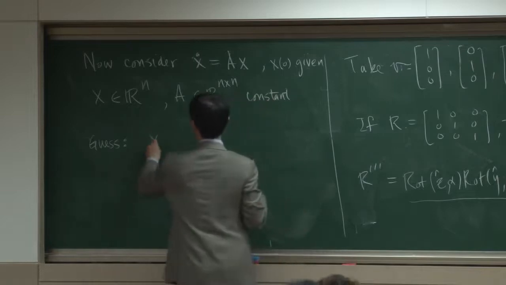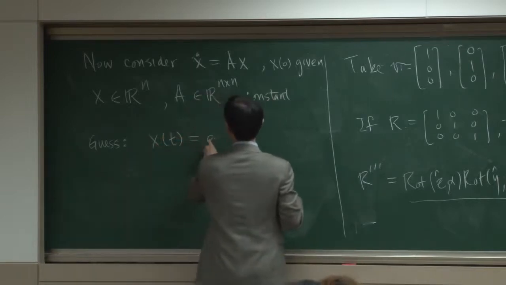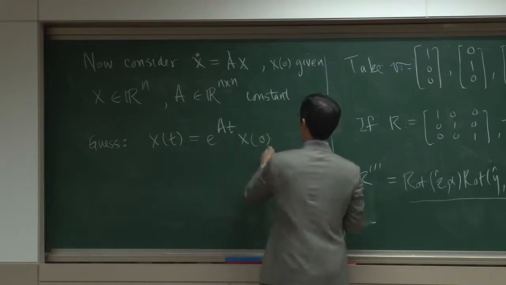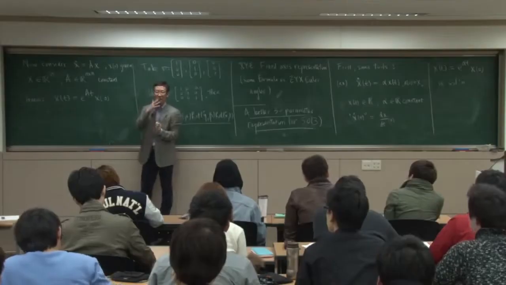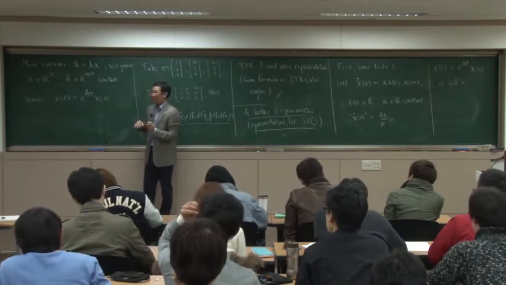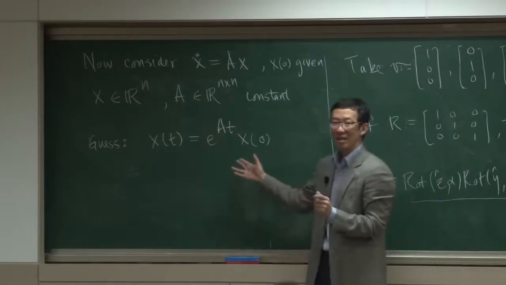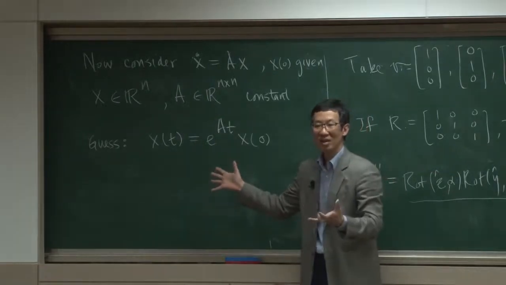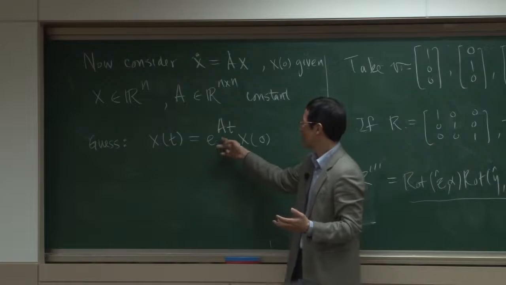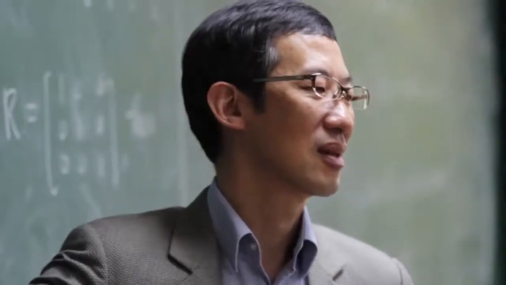So x of t is e to the At times x0. That's my first guess. Then the question is, what's this? Exponential of a matrix. So what is that?